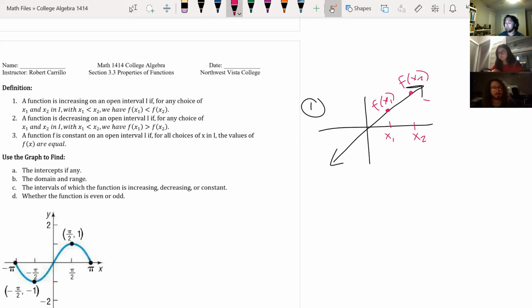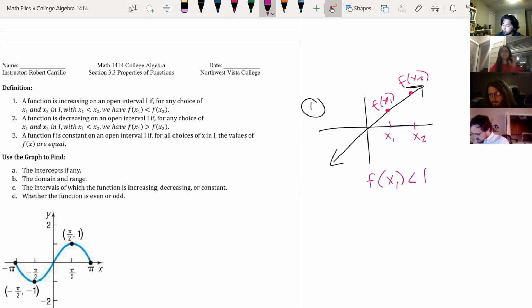All this says by that definition is that it's an increasing interval if the y value of the first x value is smaller than the y value of the second x value. That's it. So here, f of x1 is less than f of x2, so this would be increasing. And then decreasing, of course, would be the other way.